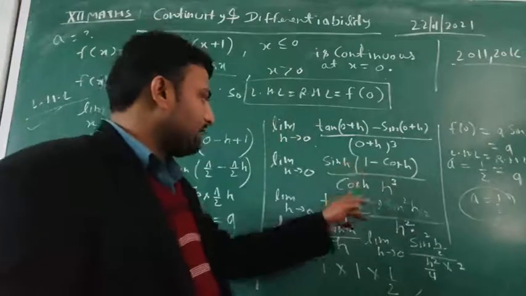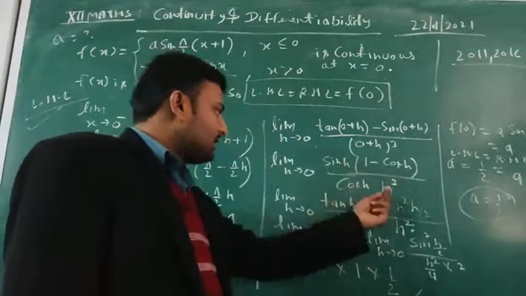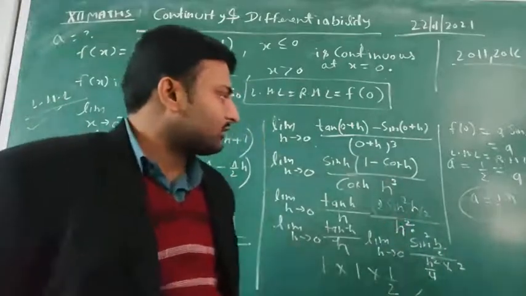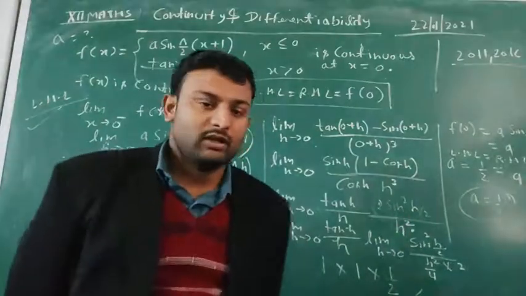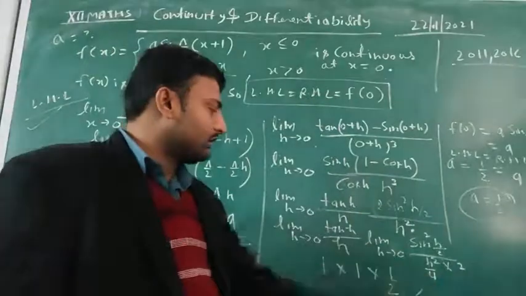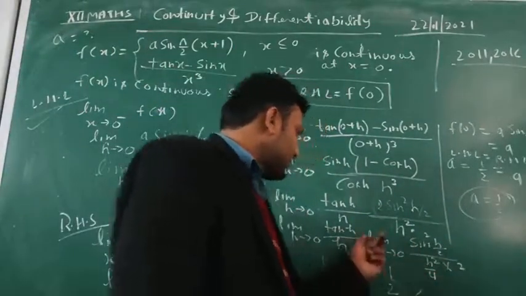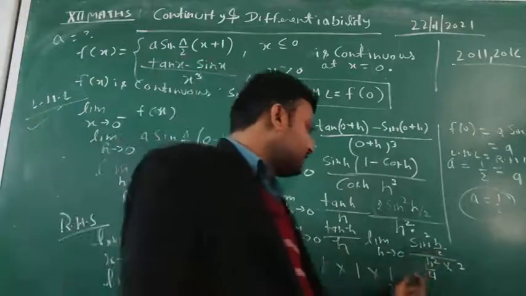Now this tan h by h we can write, and this is h square. Now 1 minus cos h we can write as 2 sin square h by 2. Send this 2 to the denominator, we multiply and divide with 2, we are getting this part is 1, this part is 1, and this is 1 by 2.